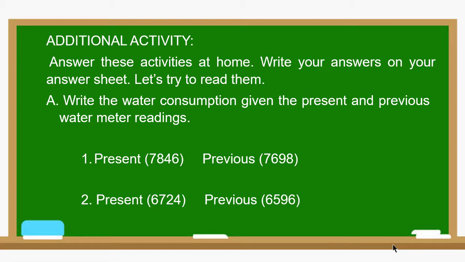Present reading 7,846. Previous reading 7,698. Number 2. Present reading is 6,724 and the previous reading is 6,596.